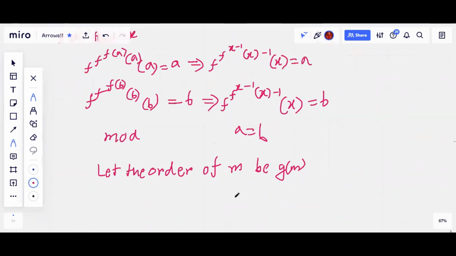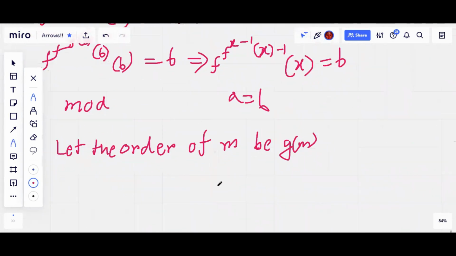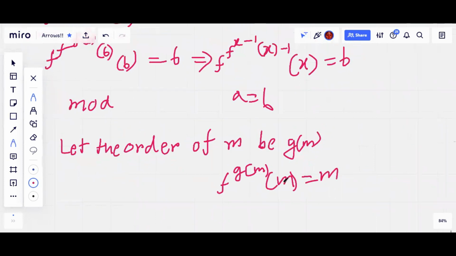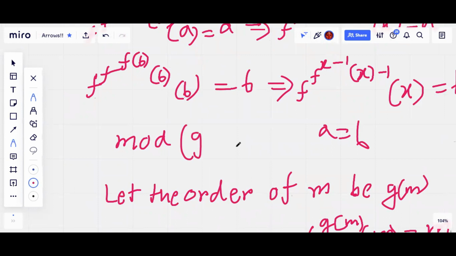I will remind you that an order is the least number such that this thing is true. So we can take all these things mod g of m, because the length of this cycle will be g of m.